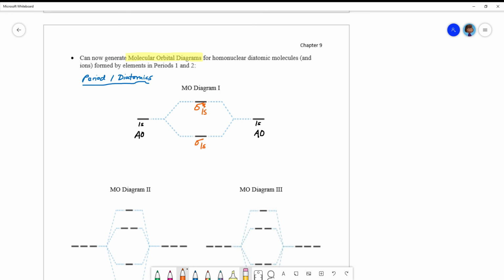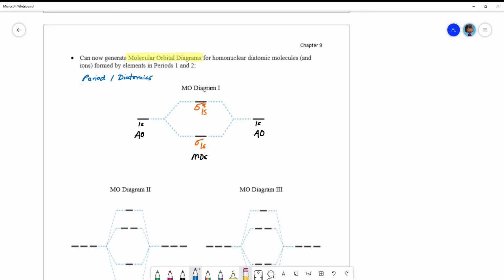These are the two molecular orbitals we would end up with in either the diatomic hydrogen molecule or the diatomic helium molecule. This is what you get for our period 1 diatomics.